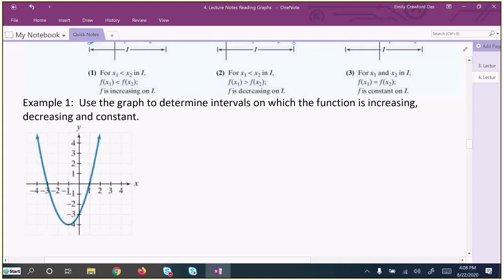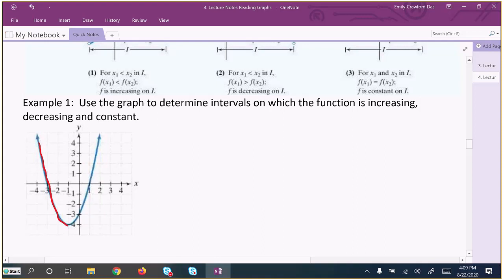Okay. So let's look at an example where we're asked to look at a graph and determine the intervals on which the function is increasing, decreasing, and constant. Remember, we're thinking about moving from left to right across our graph. So as I'm moving from left to right, say from here to here, are my y values getting bigger or smaller?